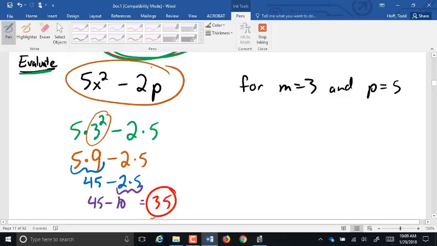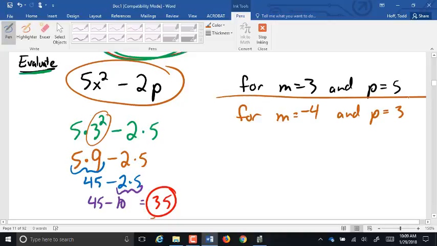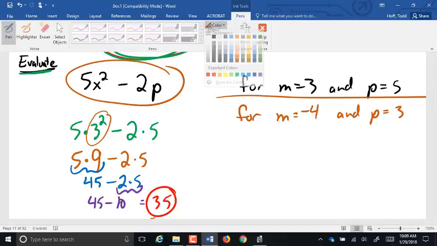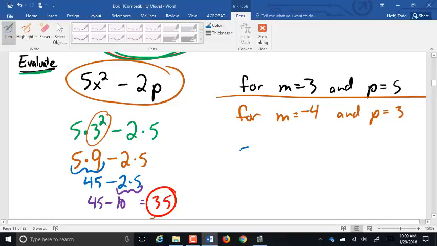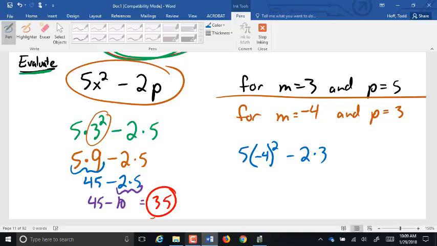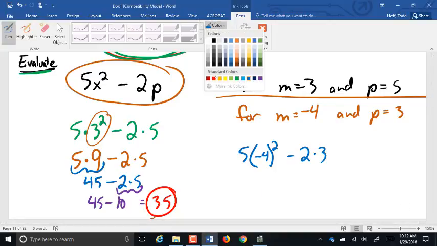What if we're asked to evaluate that same expression again, but this time for m equals negative 4 and p equals 3? I'm going to have you try that in your notes quick. So we put the numbers in.